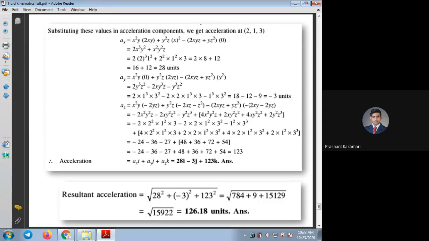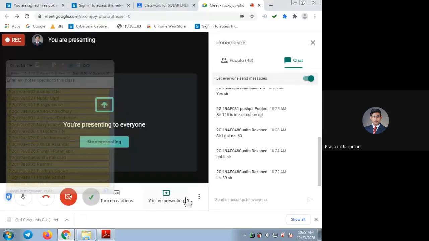According to this first equation, in this only substitute all these xyz numbers and find the acceleration in the z direction. Whether we are getting 63 only, 39.